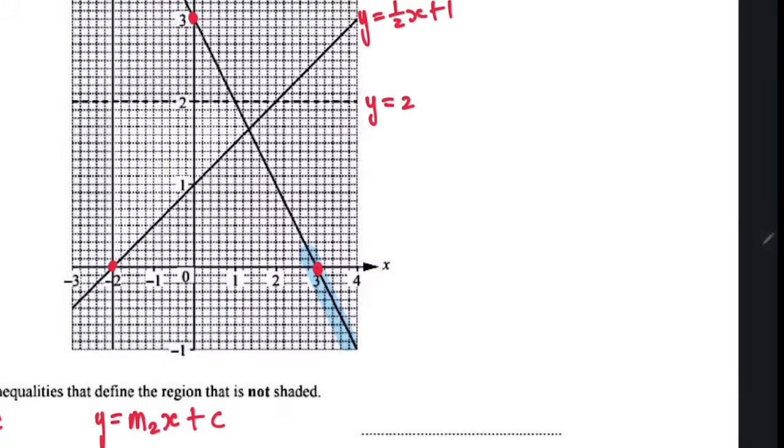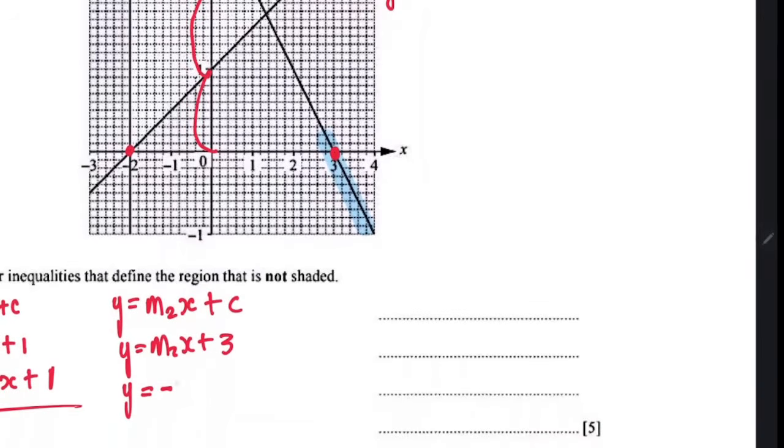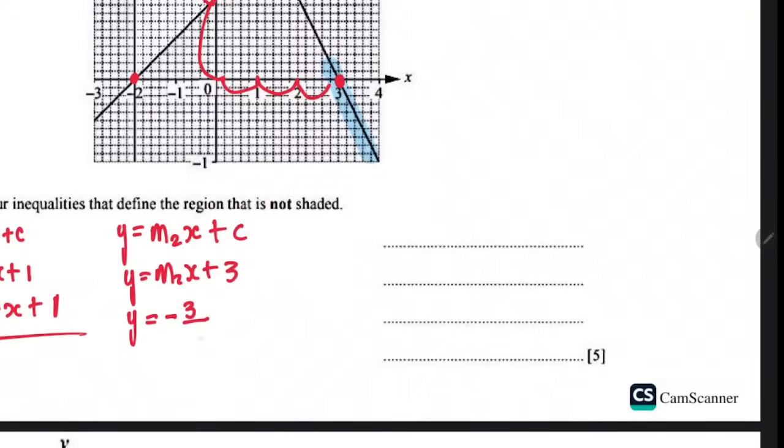Now let's count the steps. 1, 2, 3. 3 steps in the y. So it's negative 3 over. How many steps in the x? 1, 2, 3. So 3 over 3 x plus 3, which is y is equal to negative 3 over 3, which is 1, negative 1x plus 3. Which you just write as y is equal to negative x plus 3. That's how you write it.